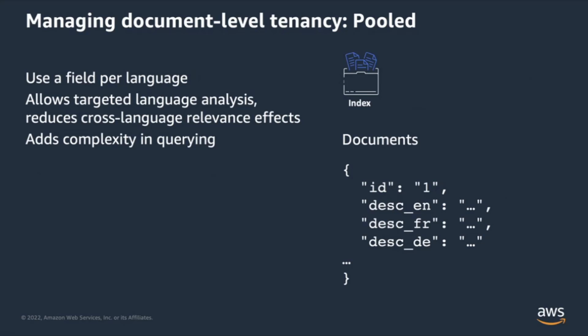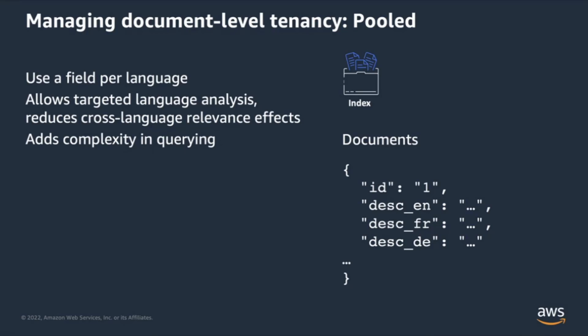Looking at a pooled example of multi-tenancy, at a document level, you could bring everything into a single document. In that case, you would use a field per language. So I have my English description, my French description, my German description field. Again, I can apply analysis differentially to each of those fields.